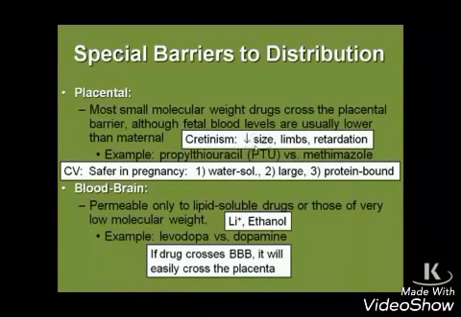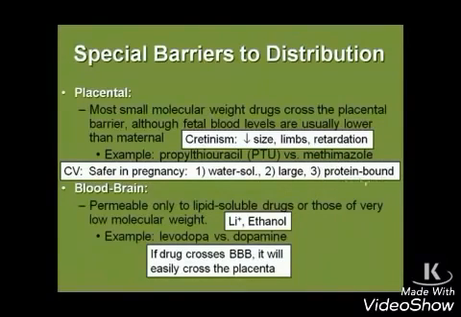Okay? They can decrease the size, obviously, affect the limbs, cause mental retardation. So clearly, you don't want an anti-thyroid drug to cross the placental barrier and affect the fetus. If you had to choose between PTU and methimazole, most likely you would choose PTU. And one of the reasons is because PTU is more highly protein bound than methimazole. Methimazole, in other words, would be much more likely to cause cretinism.